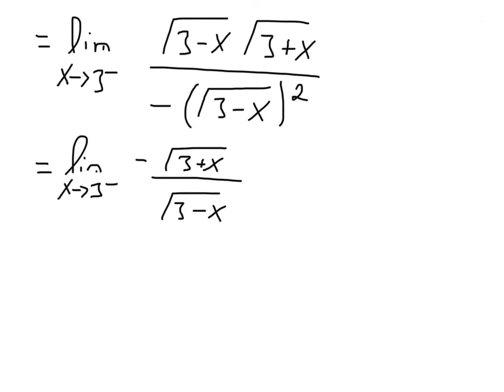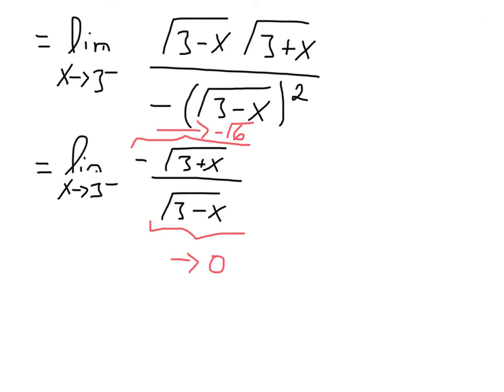What's happening here? Okay, so we just said, as x tends to 3 from the left, our numerator is tending to negative root 6, and our denominator is tending to root 3 minus 3, root 0, just to say 0. And the question is, is it tending to 0 from the right or the left?